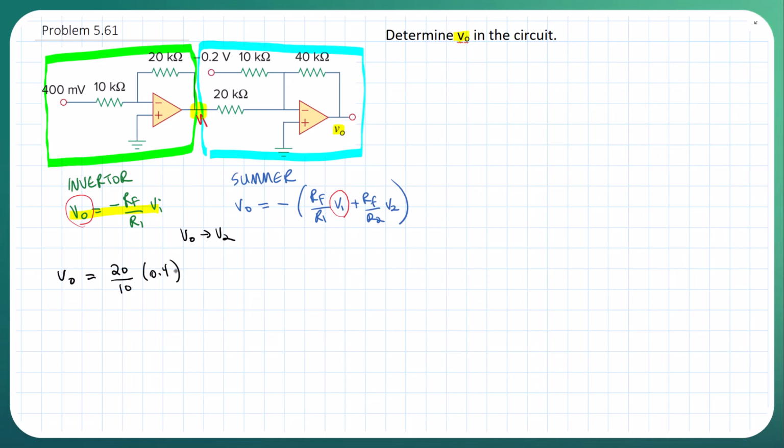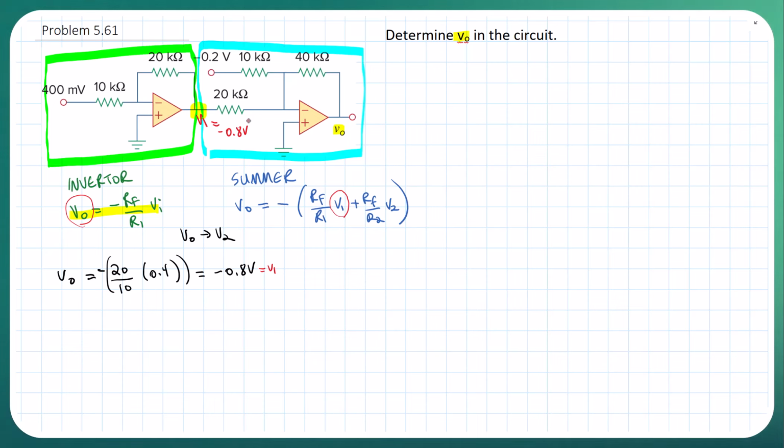So that's 2 over 1, and all of this is minus, and this gives us minus 0.8 volts. Okay, so at V1, and we're also calling this our V1 here, this is going to be minus 0.8 volts.